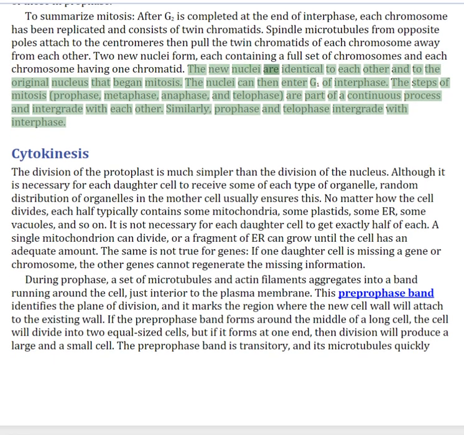The new nuclei are identical to each other and to the original nucleus that began mitosis. The nuclei can then enter G1 of interphase. The steps of mitosis are part of a continuous process and intergrade with each other. Similarly, prophase and telophase intergrade with interphase.